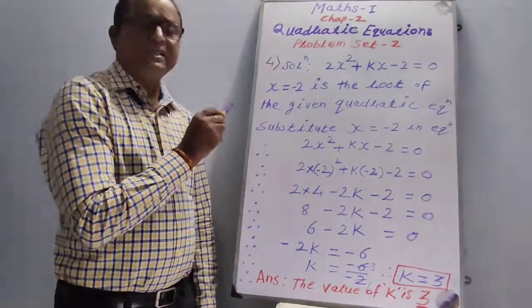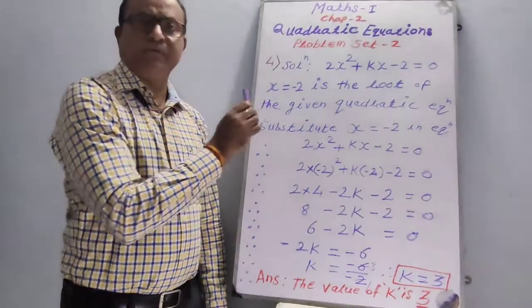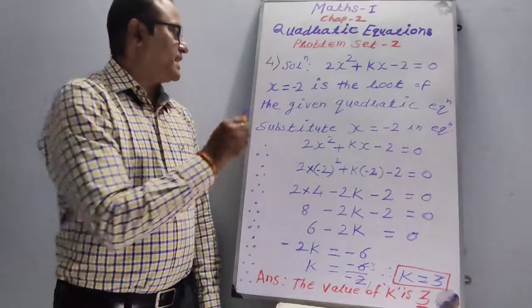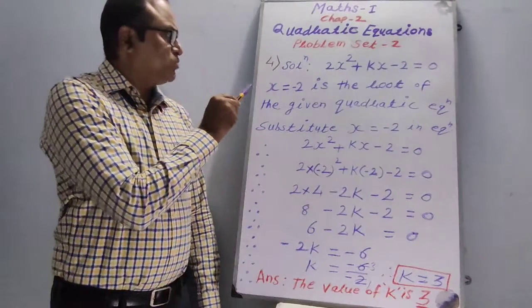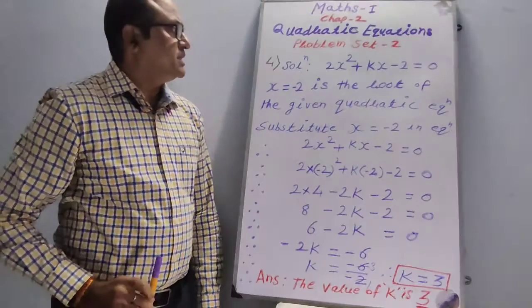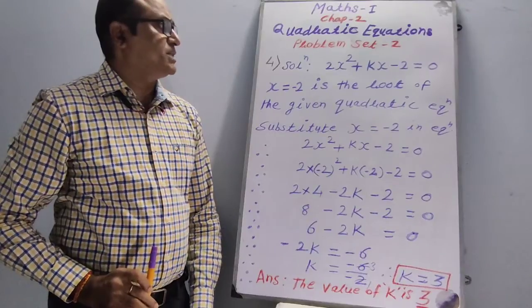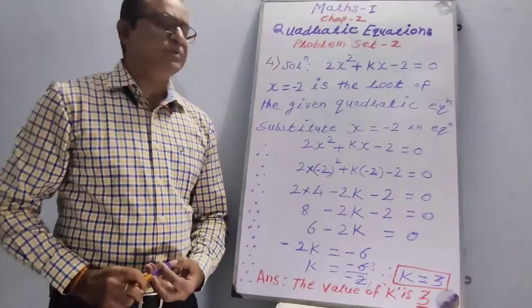We can see here that they give a root of the quadratic equation, that is x is equal to minus 2. Substitute this x is equal to minus 2 in the equation 2x square plus kx minus 2 is equal to 0. Then you can find the k value.